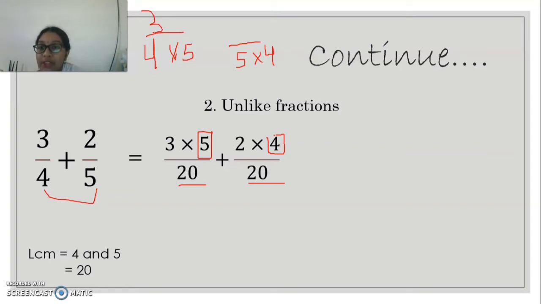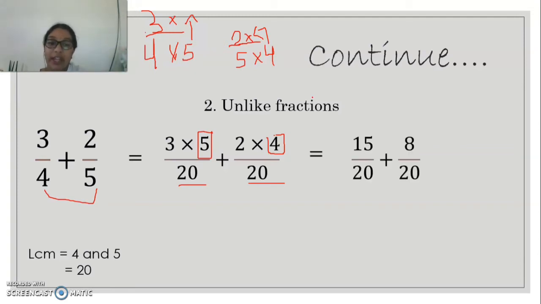We are multiplying 3 with the same number which we have multiplied in the denominator. Same, 2 into 4. After doing that, 3 into 5 is 15 by 20 plus 8 by 20. Now, the answer will be 23 by 20.